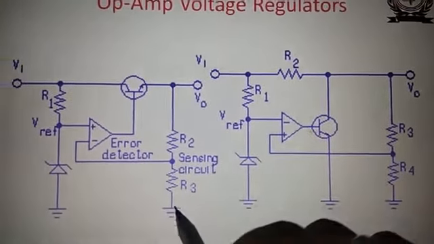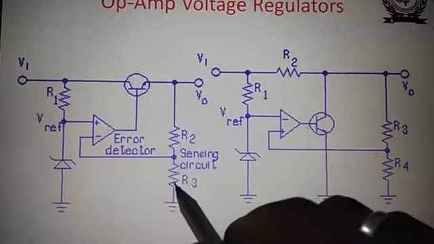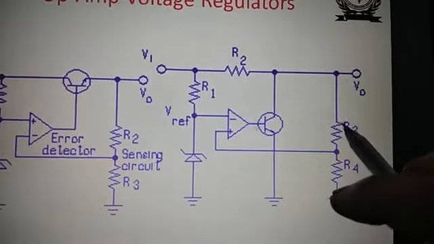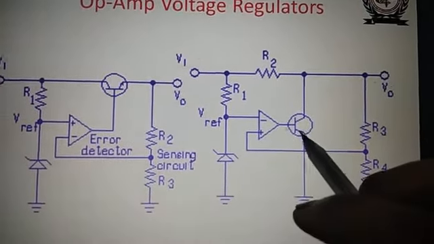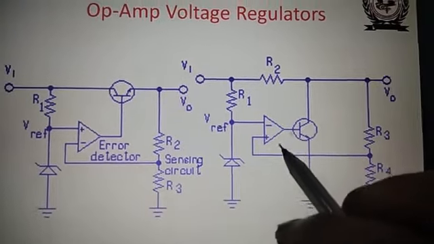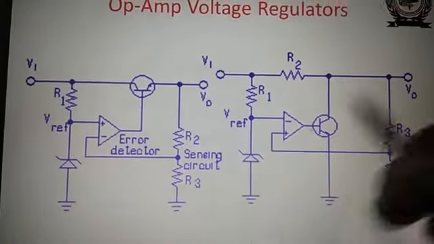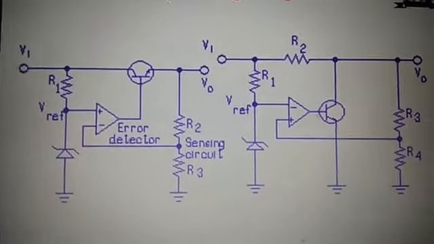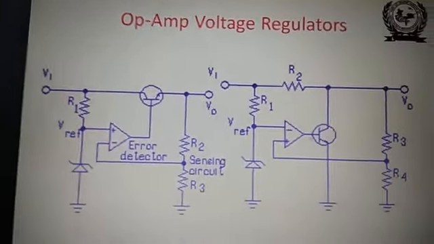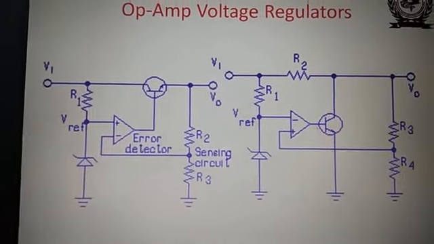And this R2 or R3 is the voltage divider bias feedback network. So this is feedback, this is control element, this is error amplifier or comparator, and this is reference voltage. You can also explain in terms of the block diagram.